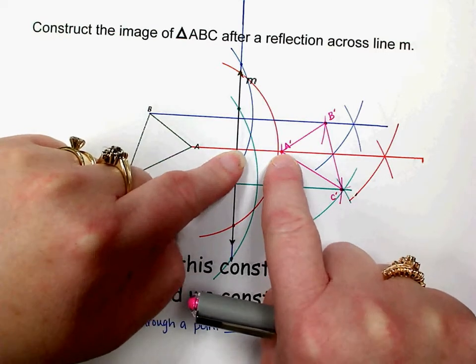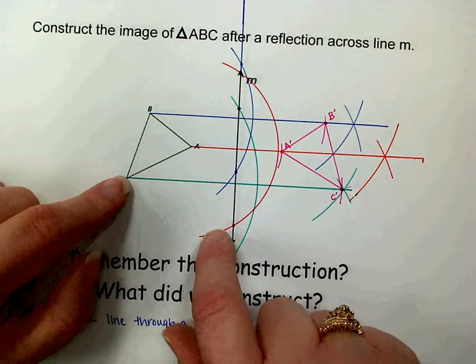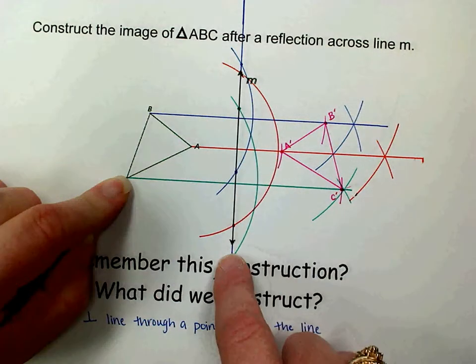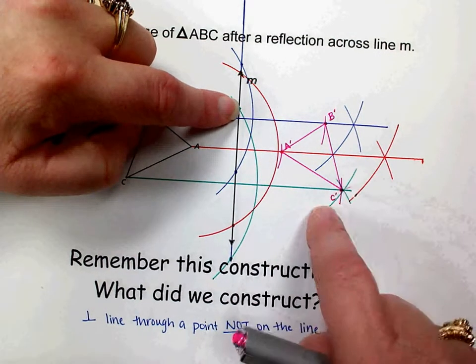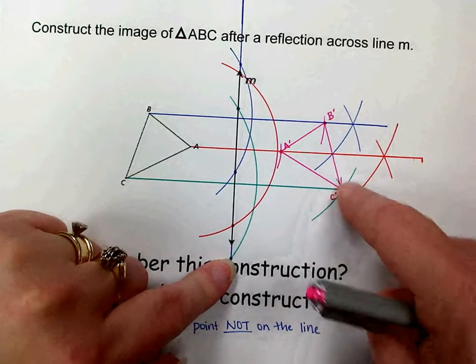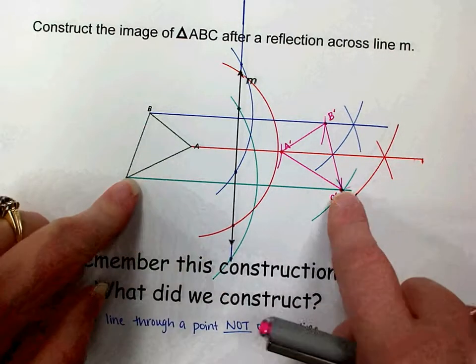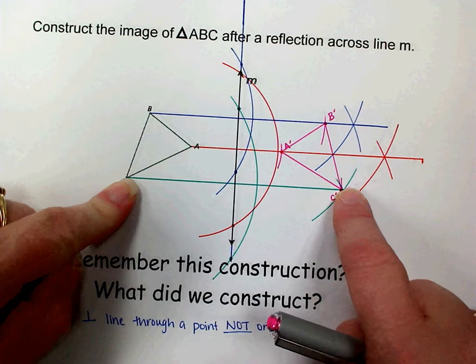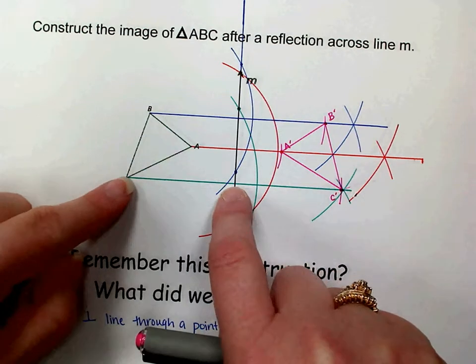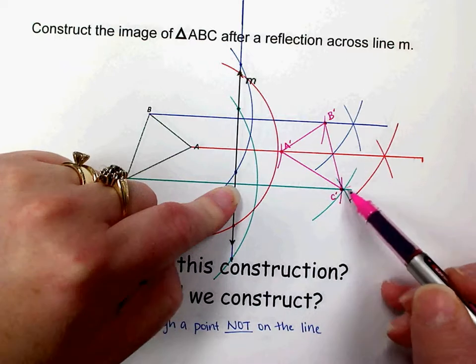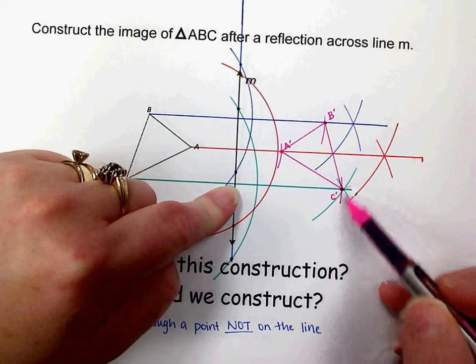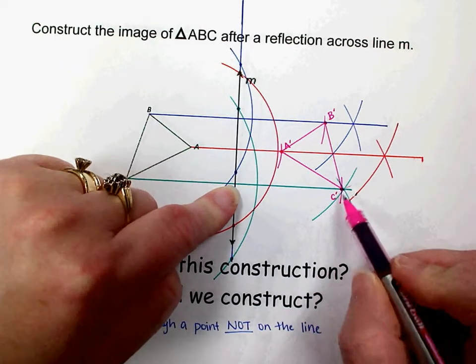Then the green lines are from C. So I drew an arc from C, moved the point of my compass here to make this arc, and same setting here to make this arc, connected it to make that perpendicular line. Then I measured the distance C is from the line, and I came over here and I made that arc. So even though it's kind of on top of my arcs, it still looks different. I can see it, and I can mark my C prime.